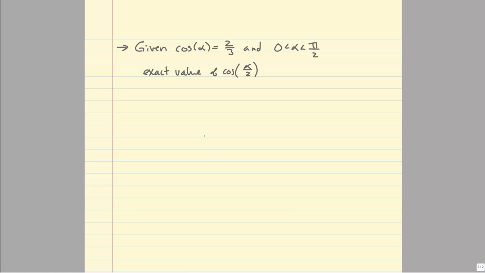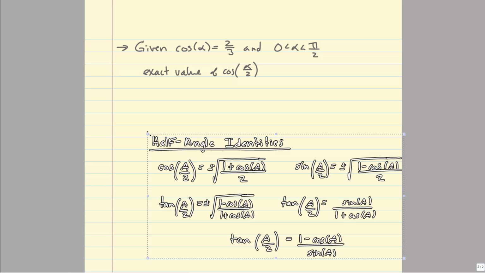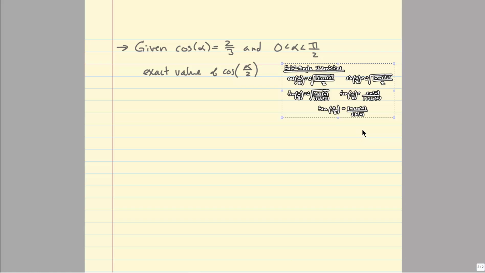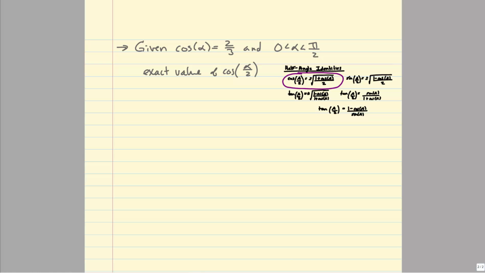Okay, so let's go ahead and look at all of our formulas that we have to choose from. Okay, so it looks like the cosine of alpha over 2 is going to be this one right here. So the cosine of alpha over 2, or a over 2, however you want to write it, is equal to plus or minus the square root of 1 plus the cosine of alpha all over 2.